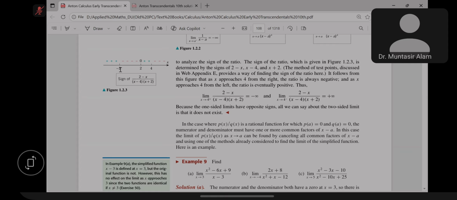Now, if you move to the next subdomain, which is starting from -2 up to +2, if you arbitrarily choose one of the values in this domain, you will see the function value should always be negative. For example, what value would you like to take from -2 up to +2 for your checking purpose?